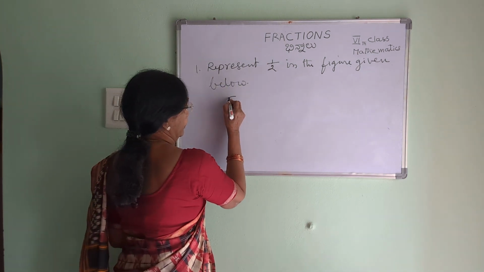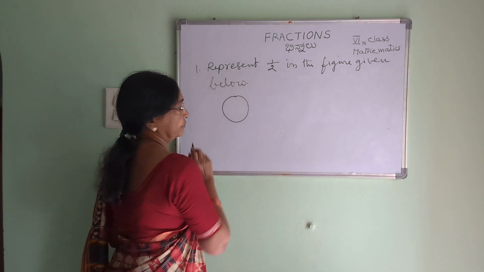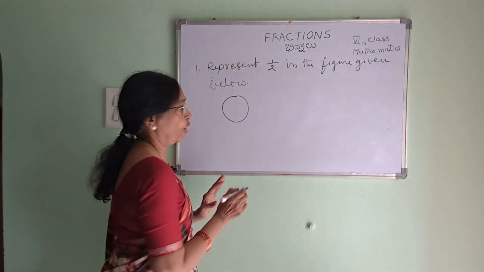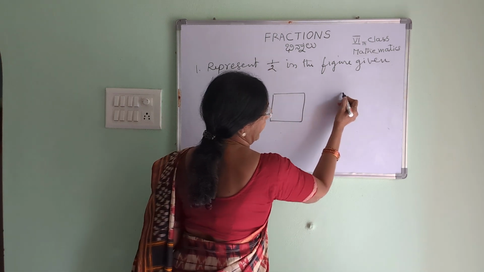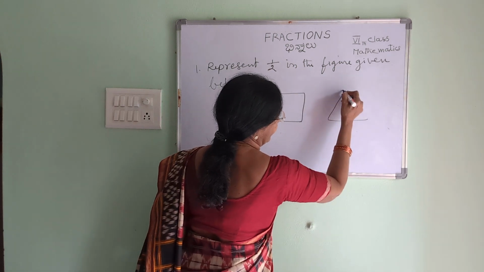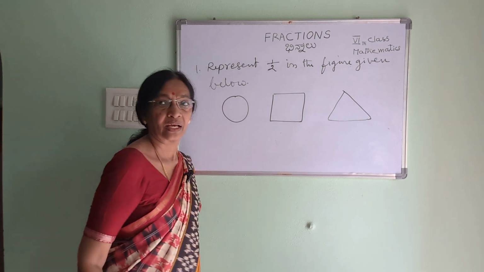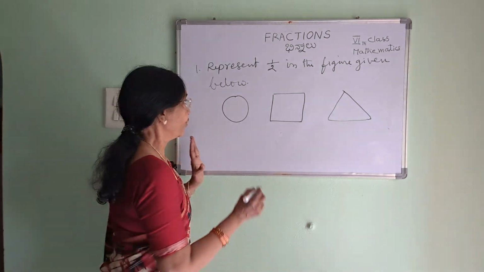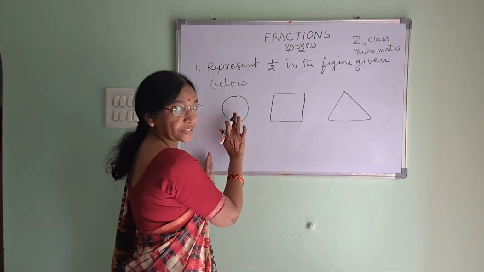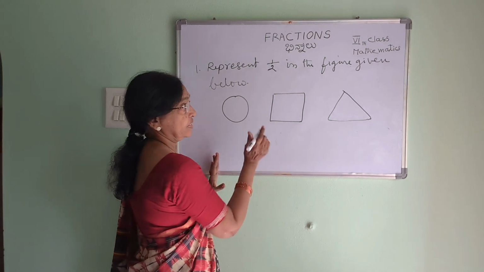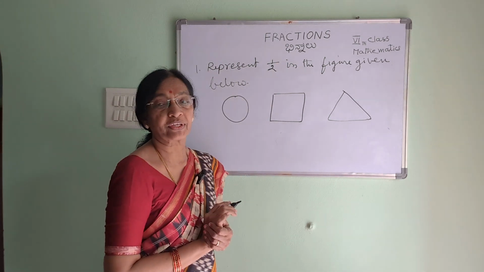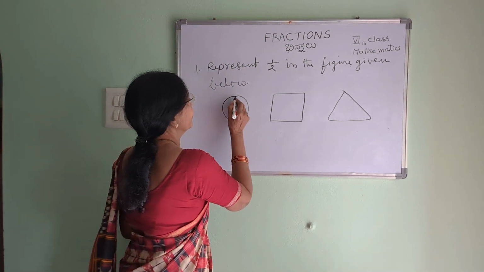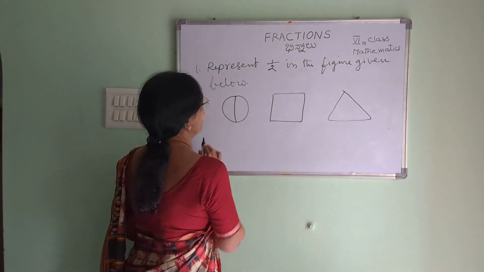It's a circle. Represent half. Similarly, in a square, in an equilateral triangle. To represent half, we have to make this figure into 2 equal parts, because in this fraction, the total number of equal parts are 2. Therefore, make this into 2 equal parts.